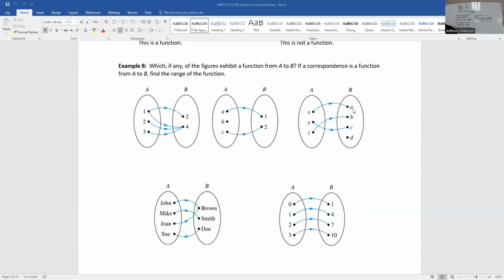Actually, the range is always the set of Y values for that function. And that's going to be only A, B, and C. We don't include the D because nothing from A is paired with D. So only A, B, and C would be the range of the function.